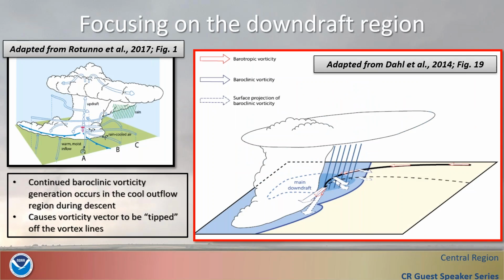Here we're looking at an adapted figure from the Dahl et al. research from 2014. It shows their depiction of the simulation, which they broke into barotropic and baroclinic vorticity generation.